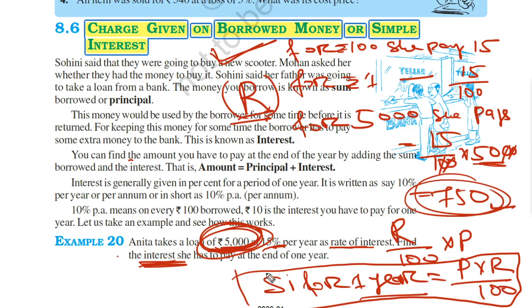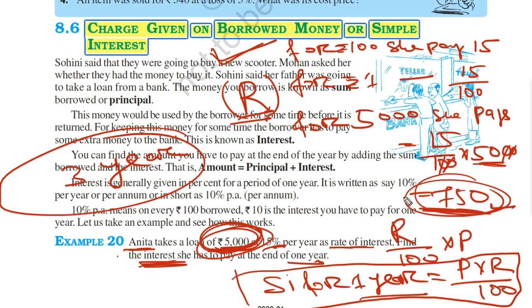Now suppose the interest is paid for 2 years, 3 years, 4 years. Suppose a condition arises where Anita could not repay the money after 1 year, and she has to pay the money after 2 years or 3 years. Now you see, for 1 year the interest was 750 rupees. For 2 years it will be 750 into 2.